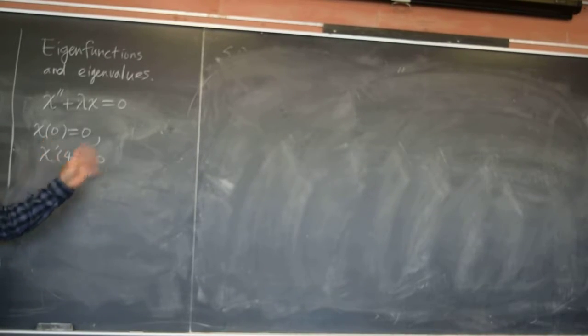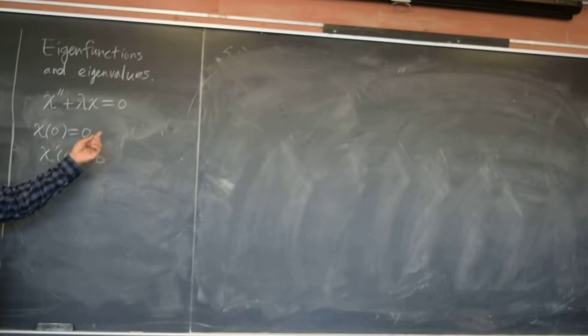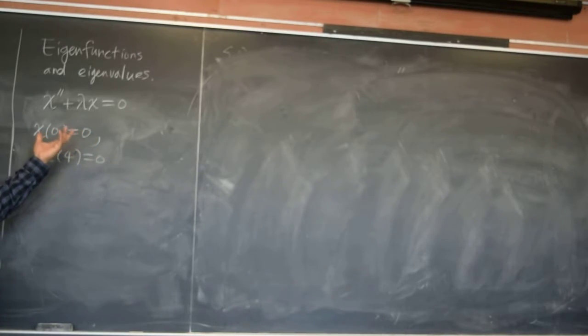And there's even more general one, which I think is called Robin's condition, where you have a mix of x and x prime. So the endpoint condition might be like x of 0 plus x prime of 0 equal to 0. That could be another way the question could be put. That's even more complicated.